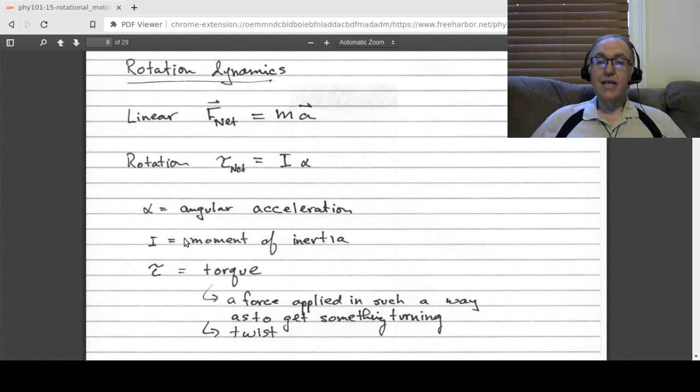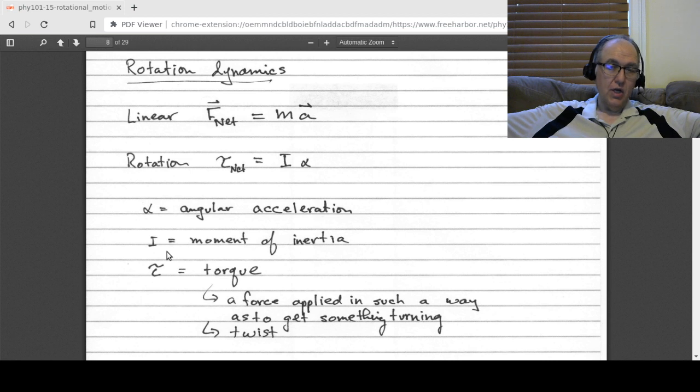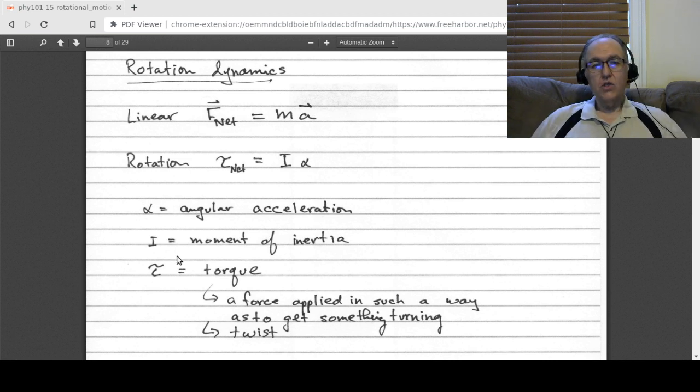You'll see that the more mass you put towards the axis of rotation, I'll define that also for you, the easier it is to rotate. The more the mass is towards the edge, the harder it is to rotate. So I doesn't just involve mass, it also involves how the mass is distributed throughout the extended object.